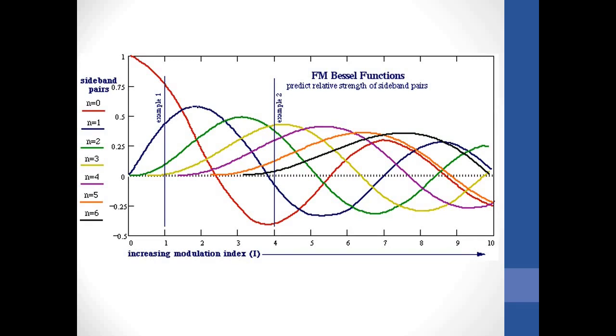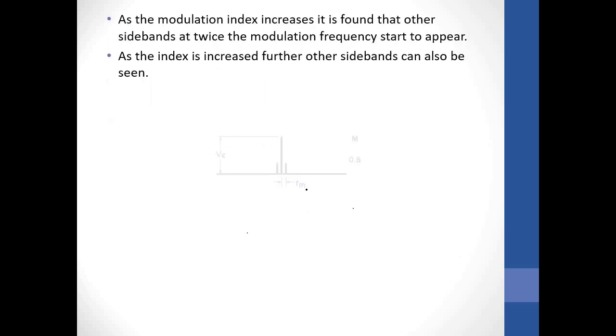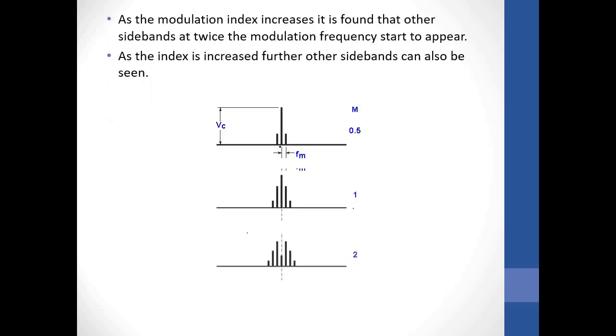And then we've got the greatest amplitude being given by N equal to 1, which is the first order. Then we've got the green one, which is the second order. We have the yellow, which is the third order signal. And at this point, the purple one is almost equal to 0. So as you can see, the bandwidth is increasing as you increase your modulation index.